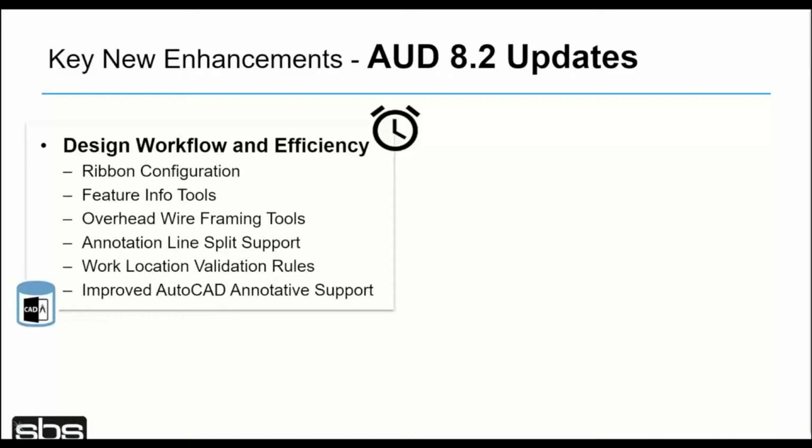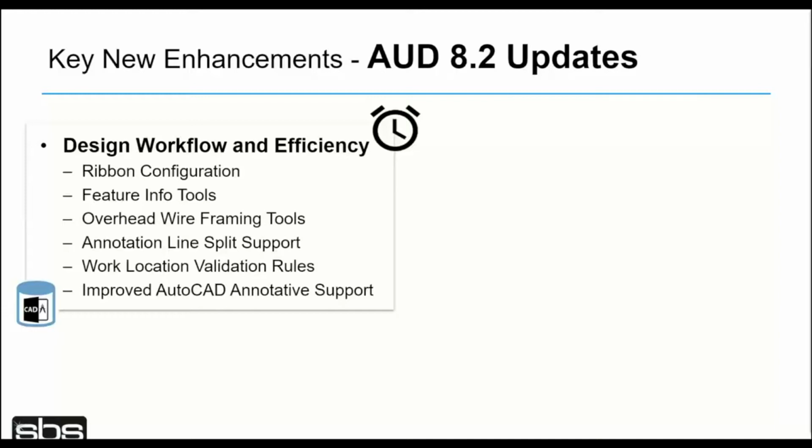Along with that are improvements to the information tools and managing data. Some specific tools for overhead wire and framing make editing in certain cases much simpler, which really weren't well addressed before.